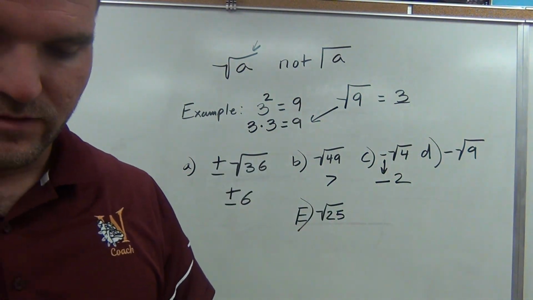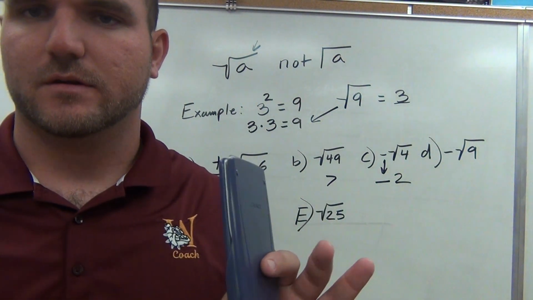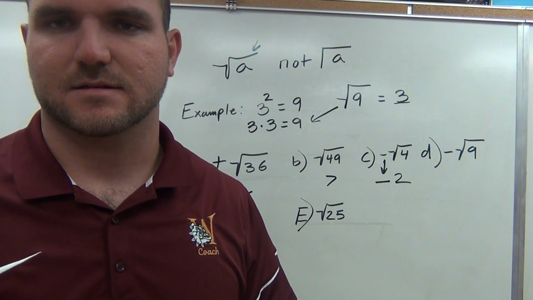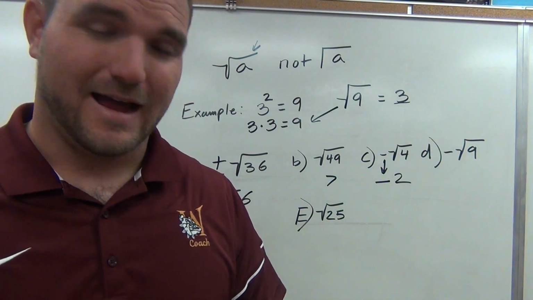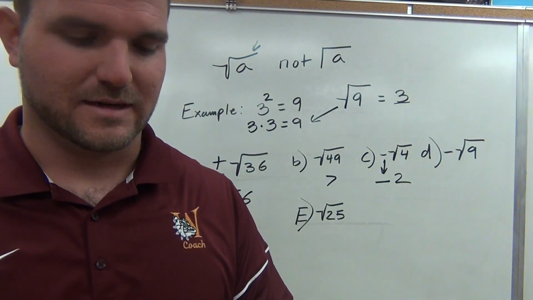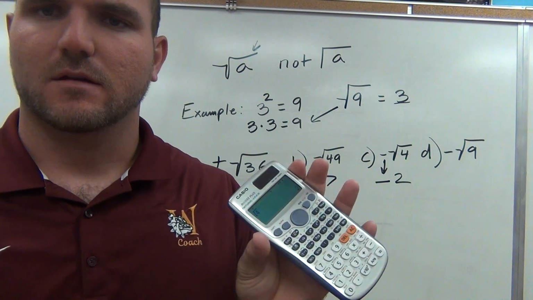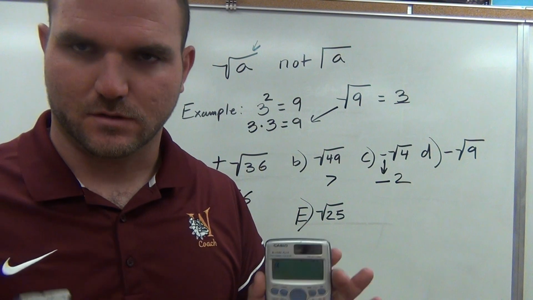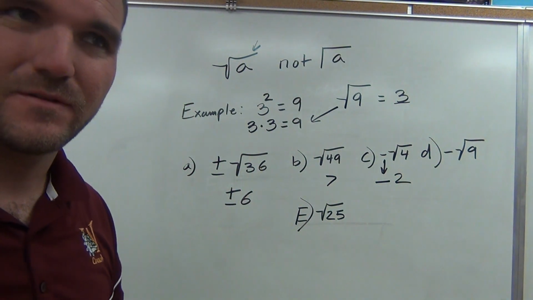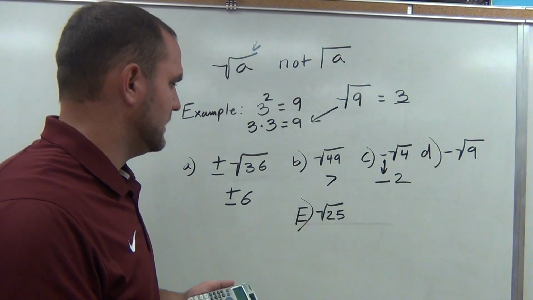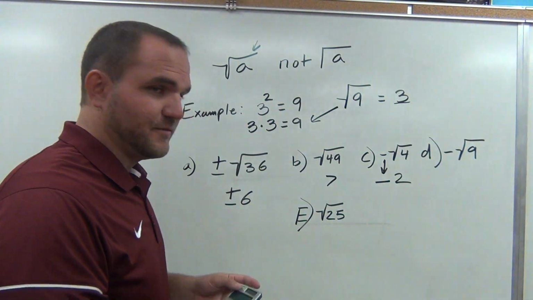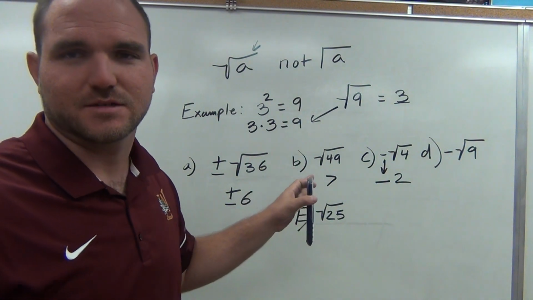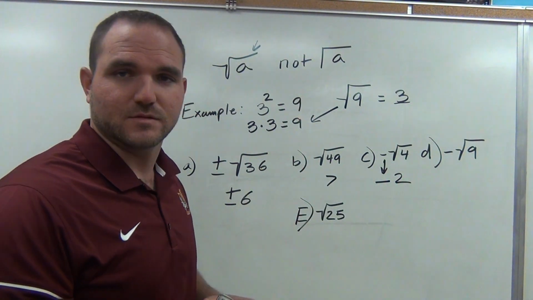If you haven't got one of these, this is a great calculator. I've been doing some higher level math for some classes I'm doing in college, and I actually love this calculator. This is called a Casio. They sell it at Walmart. It has a whole bunch of really cool buttons in there that make things really easy. So there's a little plug in there for you. It's about 15 bucks at Walmart. So if you need to use a calculator, you can totally do that on this section. So make sure to use that.